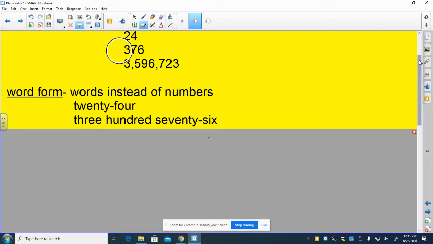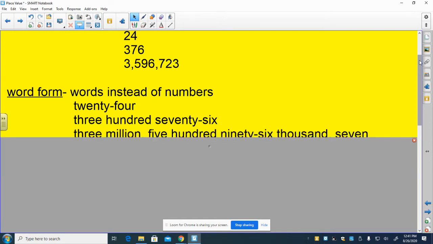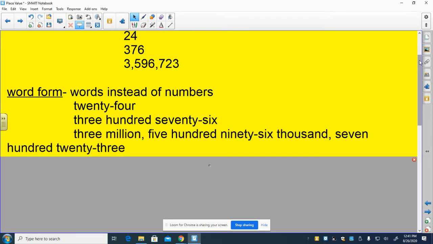So, 3 on 100 Street is 300. 7 on 10 Street is 70. And a 6 on 1 Street is 6. So altogether, 376.